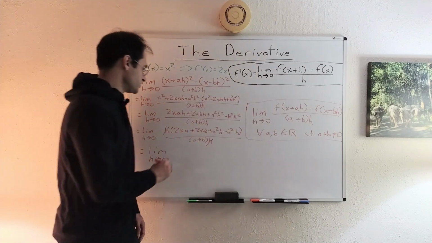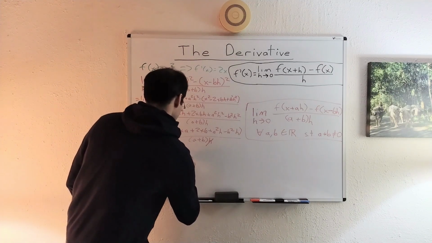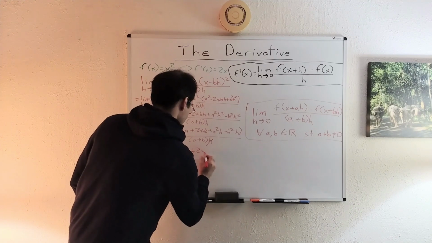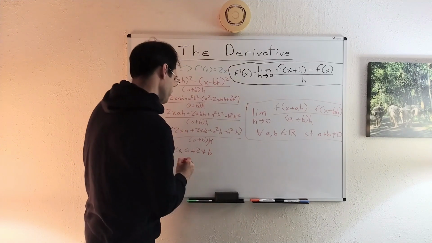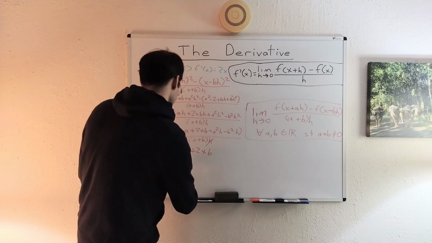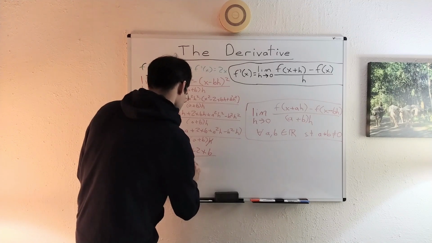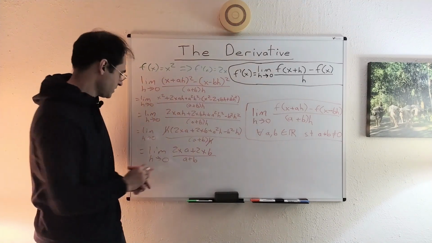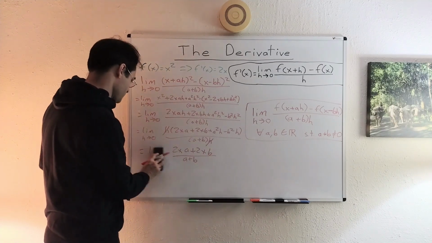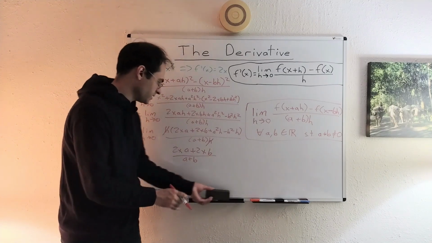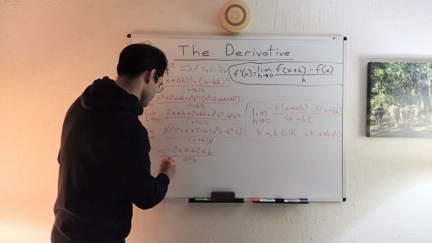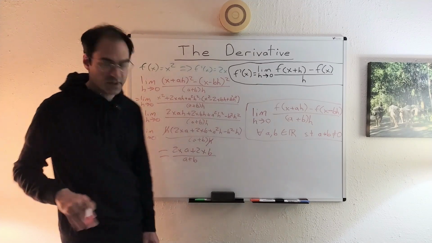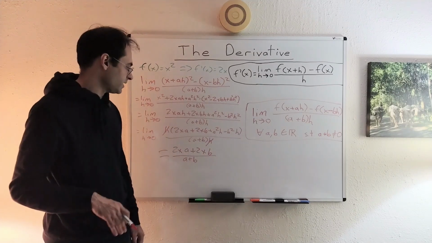And we'll just get the limit as h goes to 0 of 2xa plus 2xb. Actually, we've plugged in the h, so the answer is just this. And then we can factor out 2x.